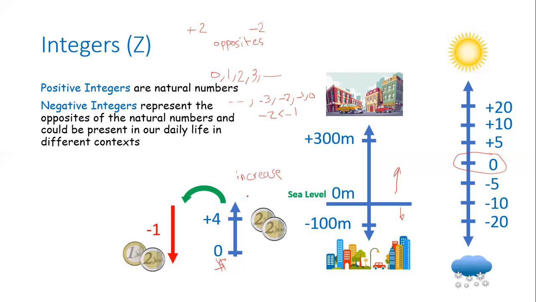However, if I spend 1 euro out of these 4 euros that I have here, then I will end up with 3 euros. And here we used -1 to represent the decrease that happened on the initial amount of money I had, which is 4 euros.